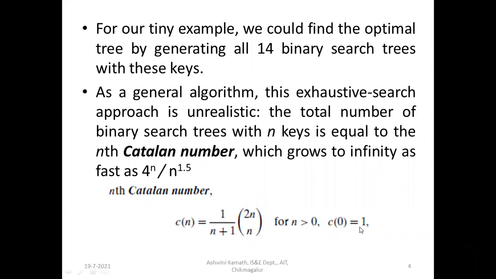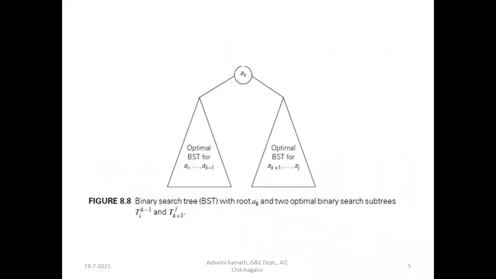So this value grows very fast. If the number of elements in the binary search tree is large, better not go for this exhaustive search approach. Then we can go for the dynamic programming approach. So, a binary search tree with root a_k and 2 optimal binary search subtrees T i to k minus 1.